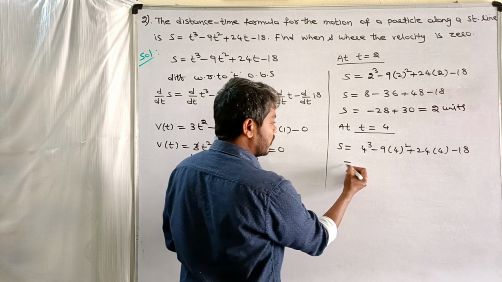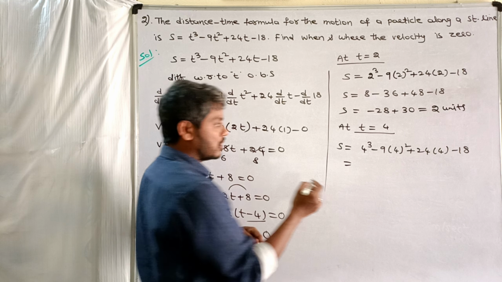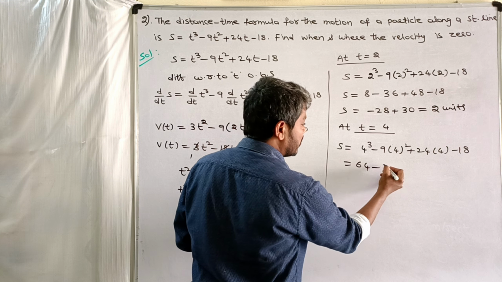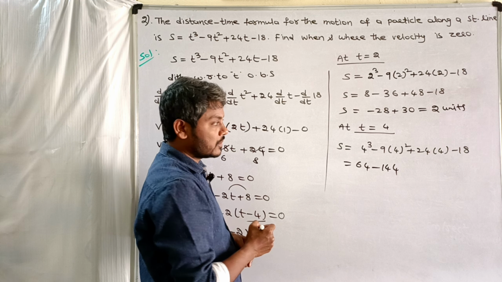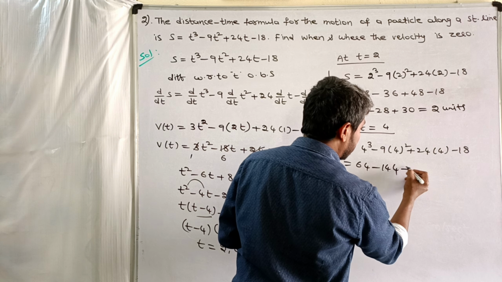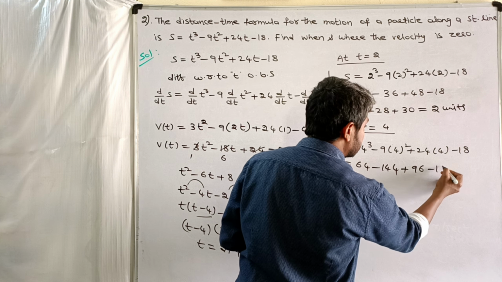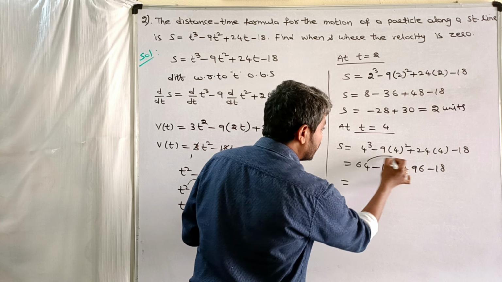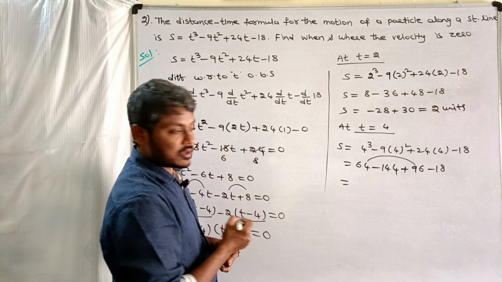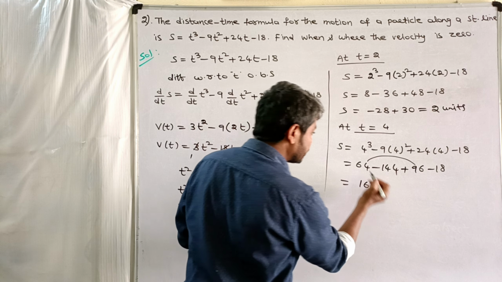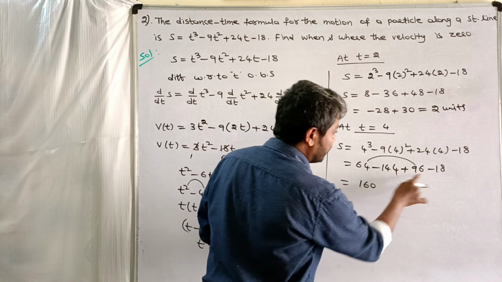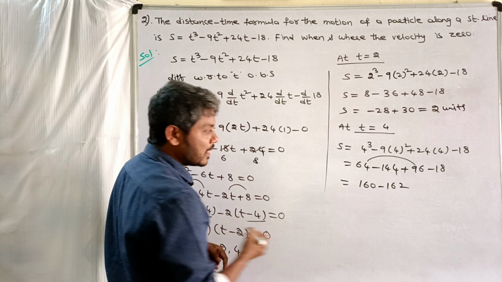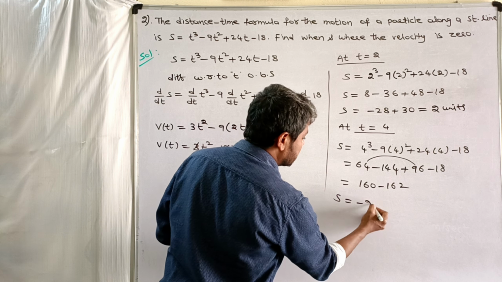Now we can simplify. 4 cube is 4 into 4 into 4, that is 64. 4 square is 16, 16 nines are 144. 24 fours are 96, minus 18. So 64 plus 96 is 160. Minus 144 minus 18 is minus 162. Therefore S is minus 2 units.